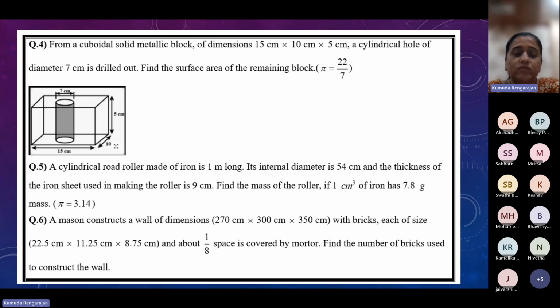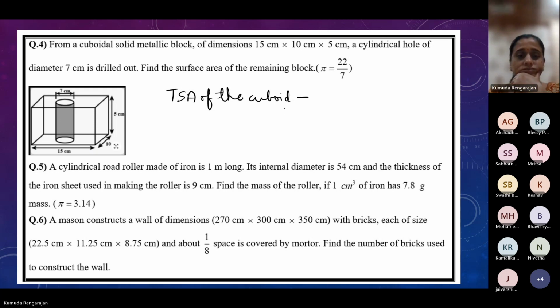The total surface area of the cuboid minus the area of the two circles.